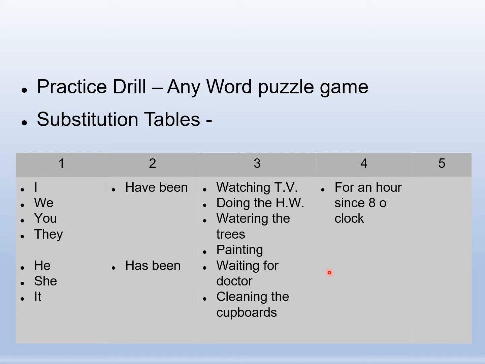It has been waiting for the doctor. Or he has been cleaning the cupboards. She has been cleaning the cupboards. It has been cleaning the cupboard. So by using this one table we can make many sentences, but it should be in a correct way. So teachers should help the students to make their own sentences by using it.